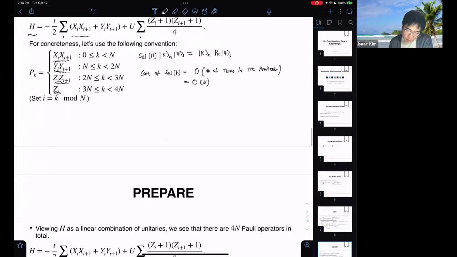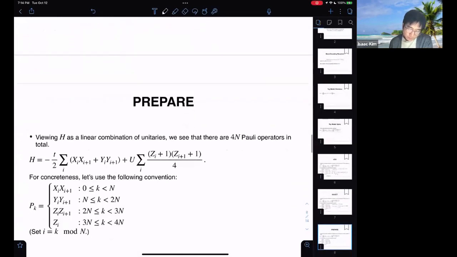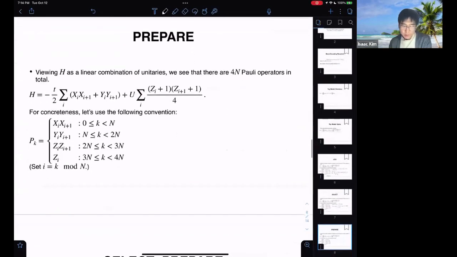And then there was a prepare operation. The prepare operation is a unitary operation that prepares a state that encodes information about these coefficients of the Hamiltonian. The notation for prepare is not as standard, but I'll just call it PREP(H).